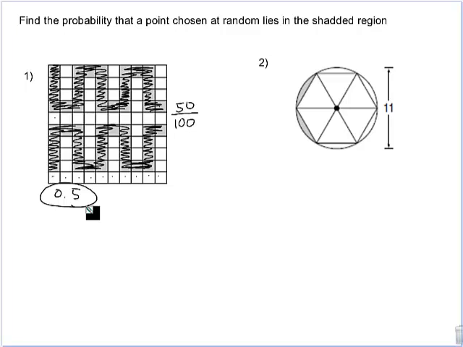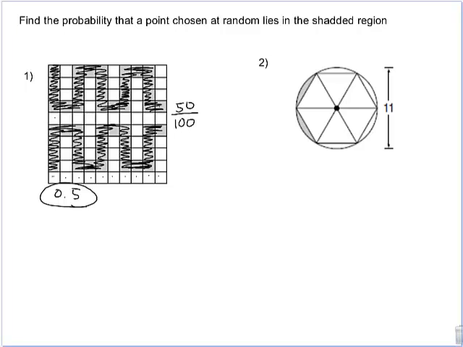All right, so number 2, we got this shape here. What type of polygon do we have inscribed? It's a hexagon. Okay, so we are going to have to find the area of the shaded and divide it by the total area. So let's write out what we're ultimately going to do here.